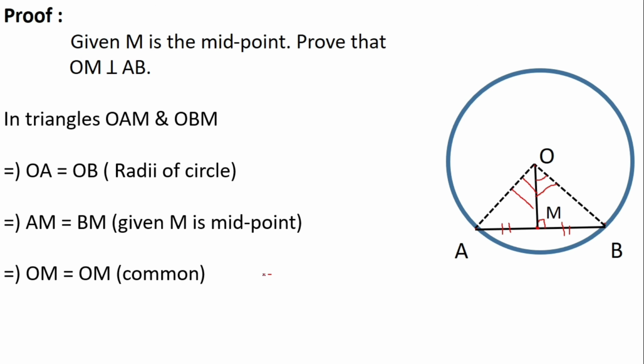So now by SSS congruency rule, I can say triangle AOM is congruent to triangle BOM. If these two triangles are congruent, then by CPCT, corresponding parts of congruent triangles are equal.